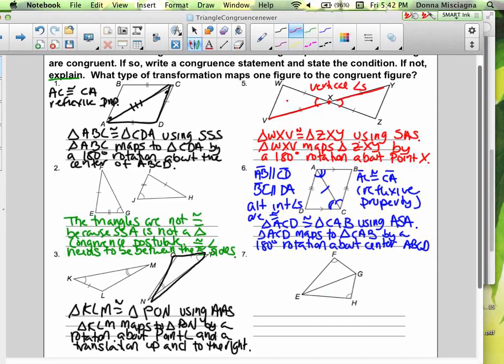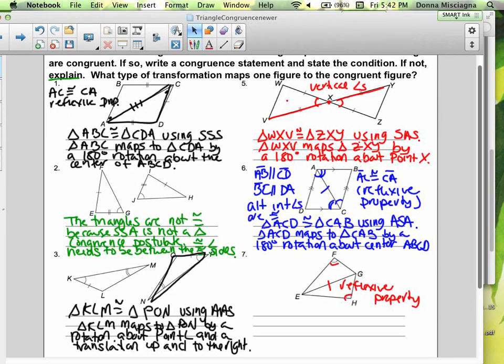It's the only thing that's congruent. All right, well, let's take a look. This is the reflexive property, and that's all I've got. I've got an angle and one side. Well, an angle and one side just doesn't cut it.